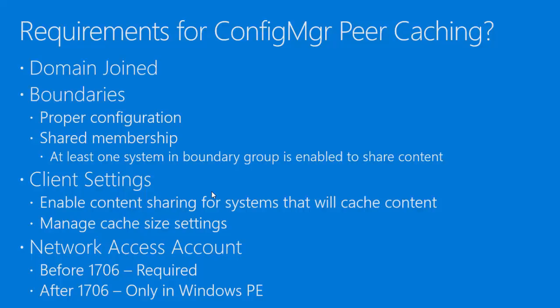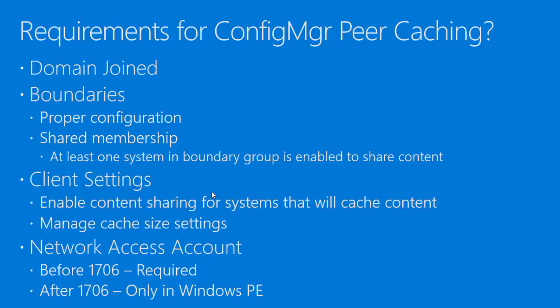So look at your systems in a boundary group and identify which one at least or multiples of systems should be enabled to participate as a content source peer, the one that will serve content to peer systems in that boundary group, right? So how do we enable that? Well, we go to client settings and we enable content sharing specifically for systems that will cache and then provide content to their peers in the same boundary group.